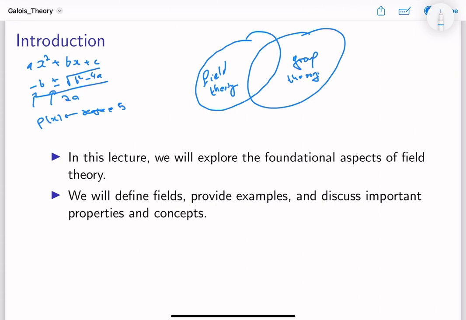For example, for the polynomial x to the 5 minus 1, the roots are the roots of unity, right? These are the roots on the unit circle that form a fifth-sided polygon. Some of these polynomials do have solutions in terms of radicals and the usual arithmetic operations, but some others don't, right? And this question was answered by Galois at his age of 18.